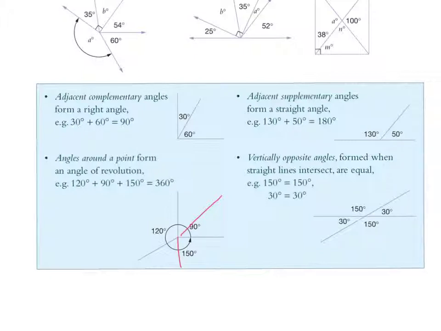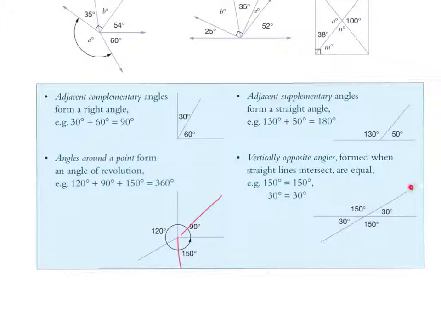Moving straight along, and apologies that we're going so fast on this. What you've got next are the vertically opposite angles. This is the last one, and these are kind of fun. They're like twin brothers or sisters, and they live opposite each other. You can see here we've got 2 angles, 150 and 150, opposite each other.